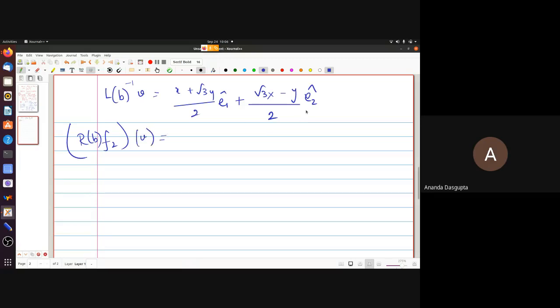Okay. I think you should be able to tell me what the answer is without really having to go through the intermediate steps.